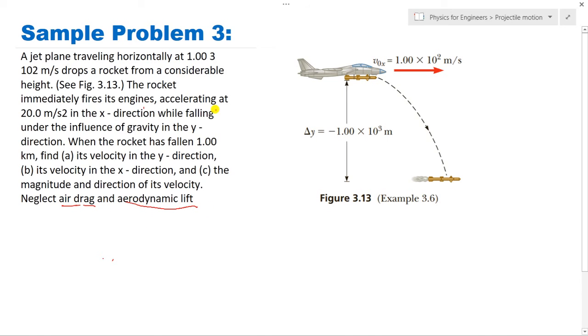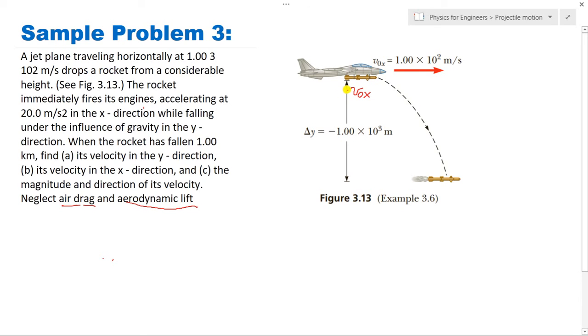So dito pala, diba, meron kang plane na merong velocity of 102 meters per second. Therefore, since nakakabit si rocket, meron ding initial velocity si rocket na Vox, same with the plane. But, sabi kasi dito, the rocket immediately fires its engines.